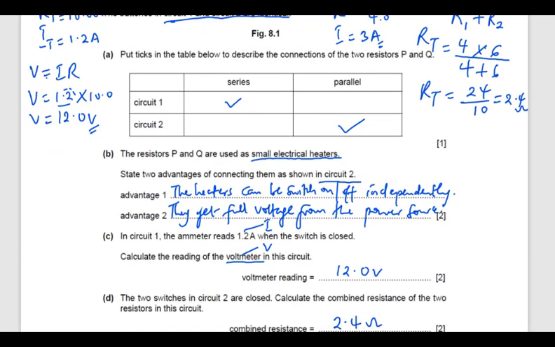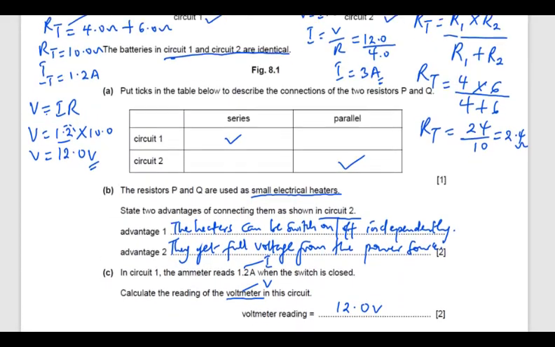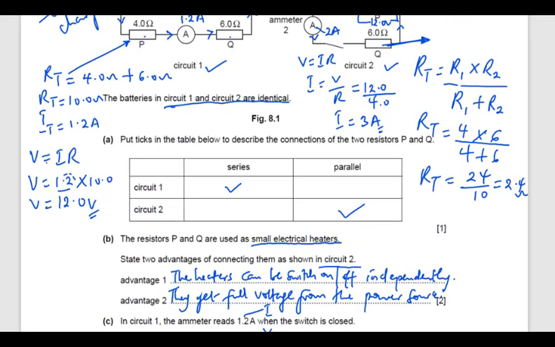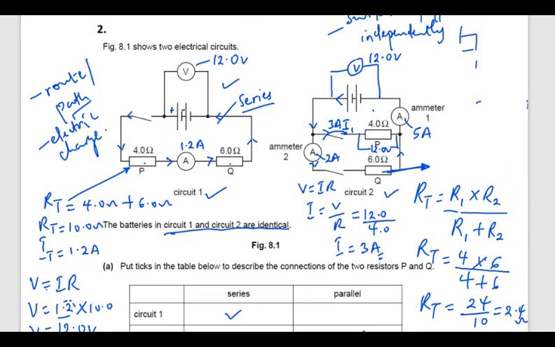We also talked about the advantages of parallel and series circuits. One of the advantages of series circuit is that it is economical, because we don't have too much wire to buy. It is economical, but it has a lot of disadvantages.